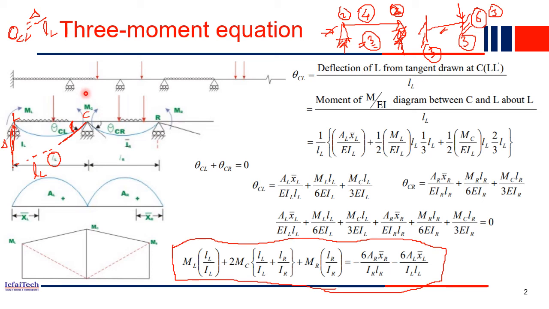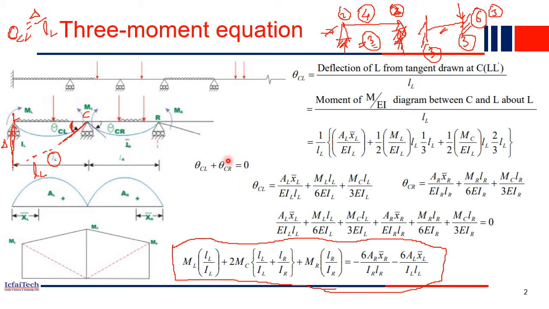Indeterminate structure means that using only the equilibrium equations we cannot solve it. We cannot find the shear force diagram, the bending moment diagram, or the reactions. So we need some extra equations to solve these indeterminate structures. Those extra equations we call compatibility equations. For example, here in this beam we applied one compatibility equation.